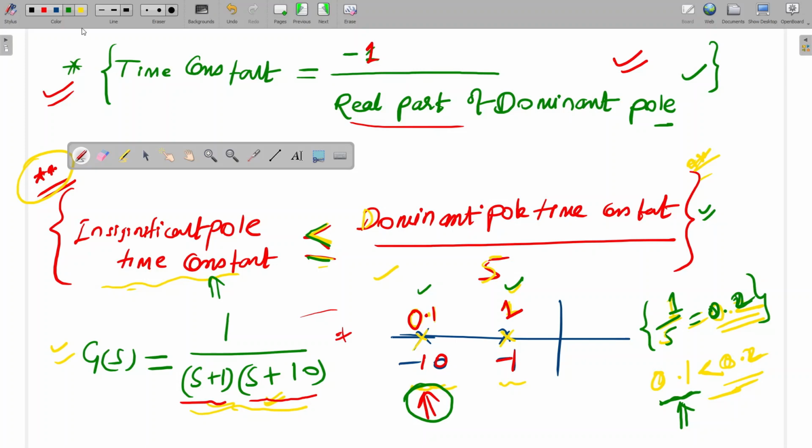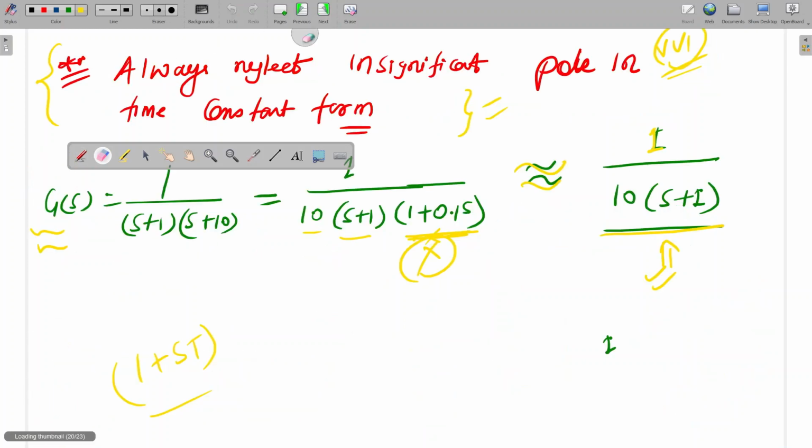So directly, what mistake will we make? We'll directly choose the option that the approximated transfer function will be 1 by (s plus 1). But if we are neglecting this insignificant pole, it should always be neglected in the time constant form. So this will be the wrong answer. So before neglecting the insignificant pole, what are we doing?